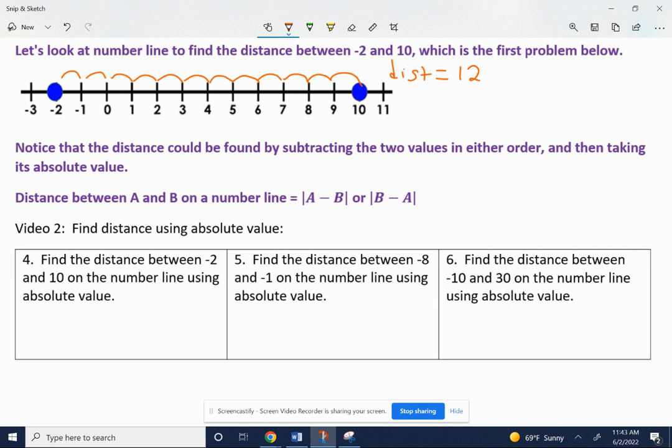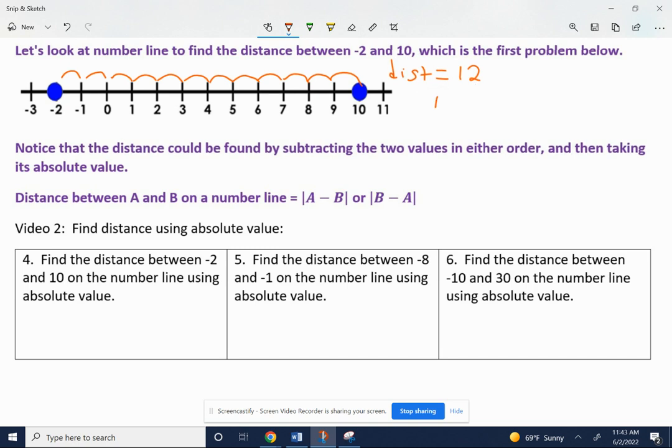And you can find the distance anytime. If you had a number line, you could graph the 2 points and find the distance by counting. But there's a trick. There's a shortcut. If I took this 10 and this -2 and I subtracted them, let's just see what happens.